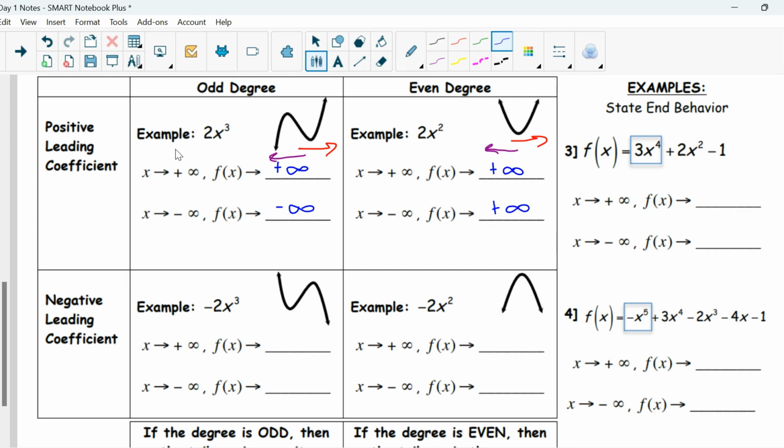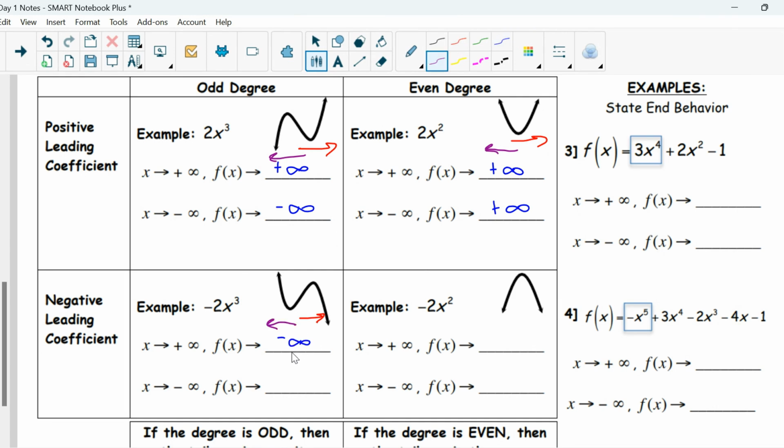I think of it as your x approaches tells you whether you're moving left or right. Your f of x indicates whether you're moving up or down. For a negative leading coefficient, as we approach positive infinity, so as we approach the right, our graph is heading down, or in the negative infinity direction.